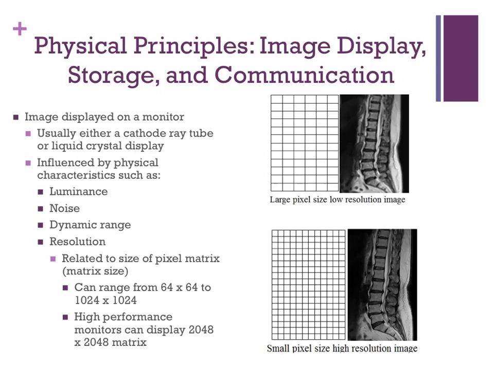The image is displayed on a monitor, which is usually a cathode ray tube or a liquid crystal display, and it is influenced by physical characteristics such as the luminance, noise, dynamic range, and the resolution. The resolution is a very important physical parameter of the grayscale display monitor and is related to the size of the pixel matrix or the matrix size.